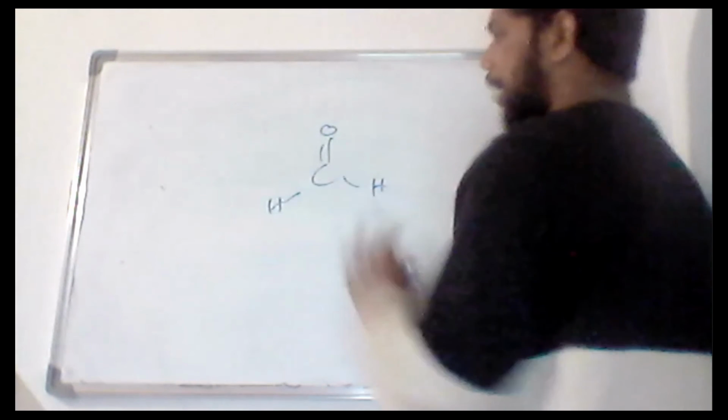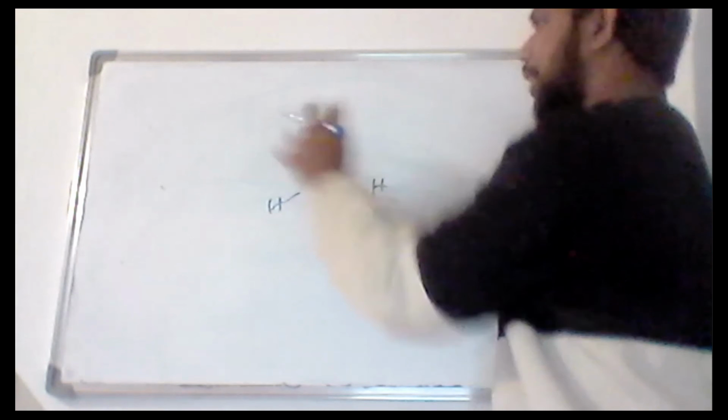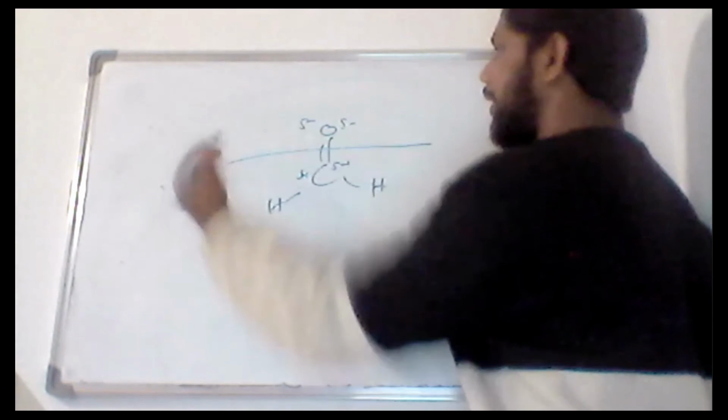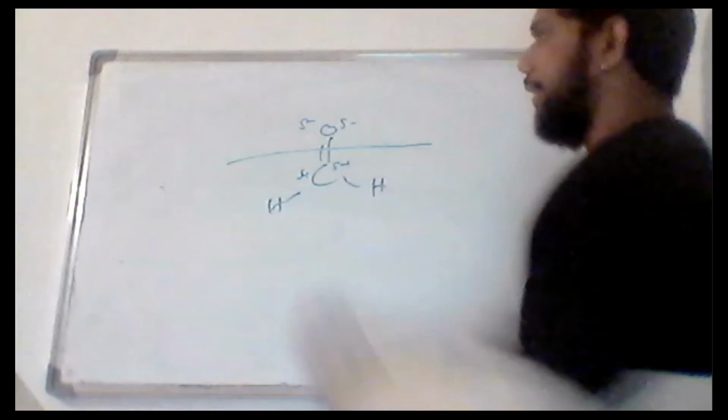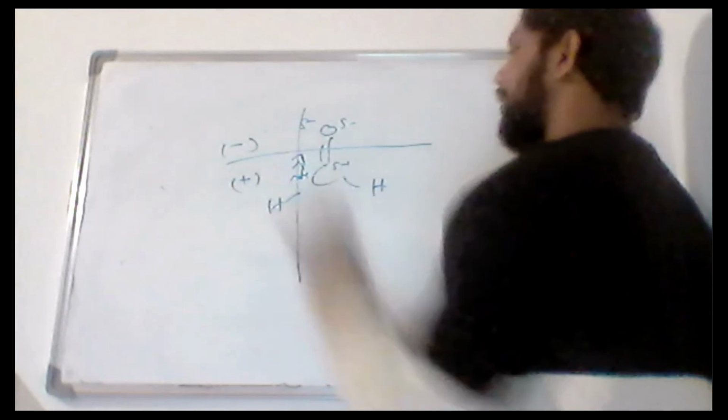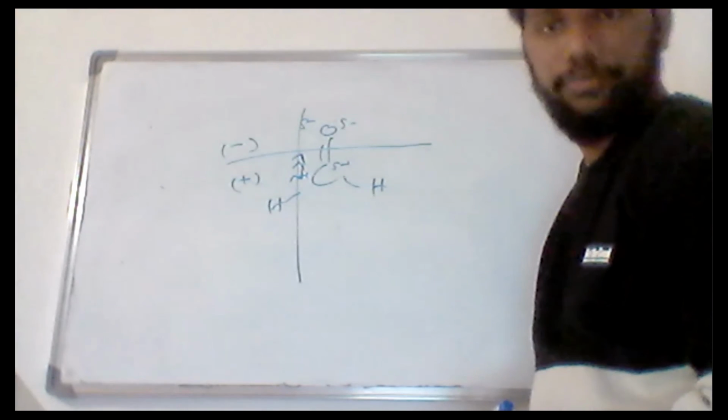The easiest way to get the answer for this is to try to draw the structures. So you know formaldehyde. You can clearly see the oxygen is electronegative, so delta negative, delta positive. So clearly there is a charge separation, a negative part and a positive part. So the dipole moment points in this direction. So this is a polar group.